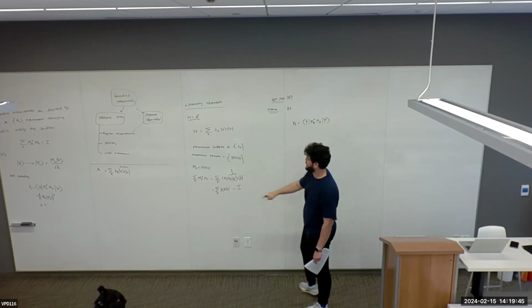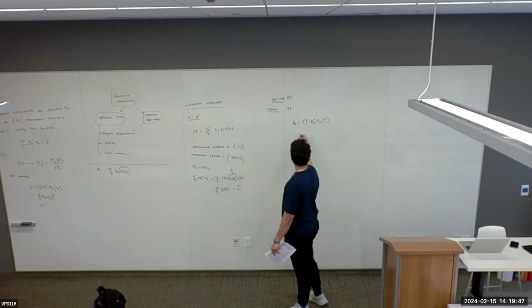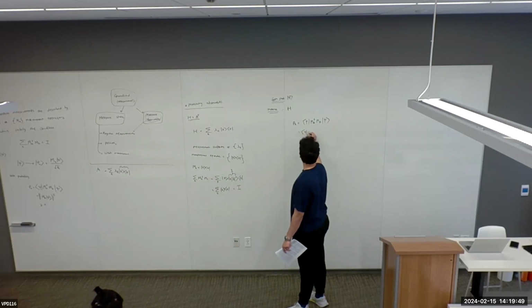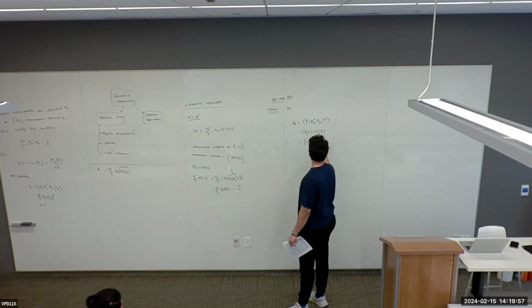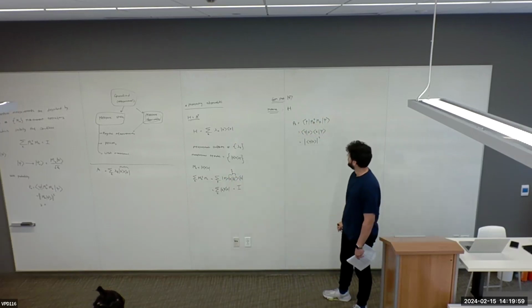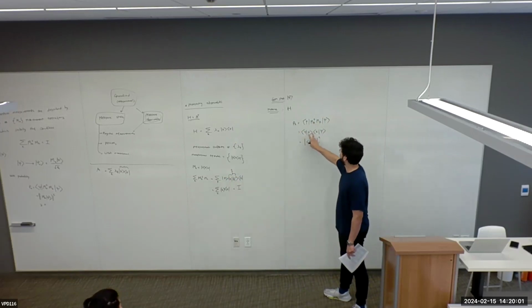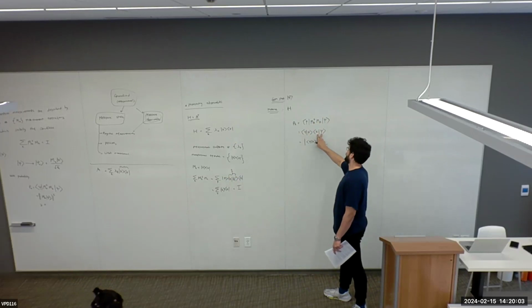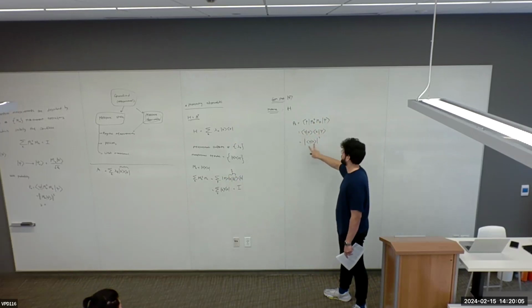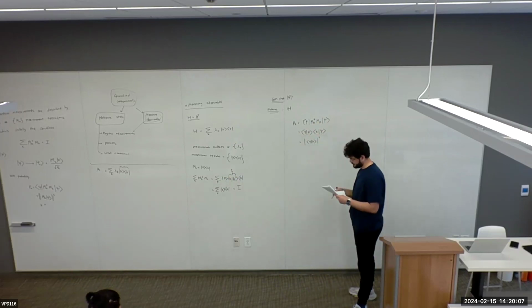Here our M_k's are these, so this will be <psi|k><k|psi>, which is just |<k|psi>| squared. Because this is a complex number times its conjugate, it is just the norm squared.